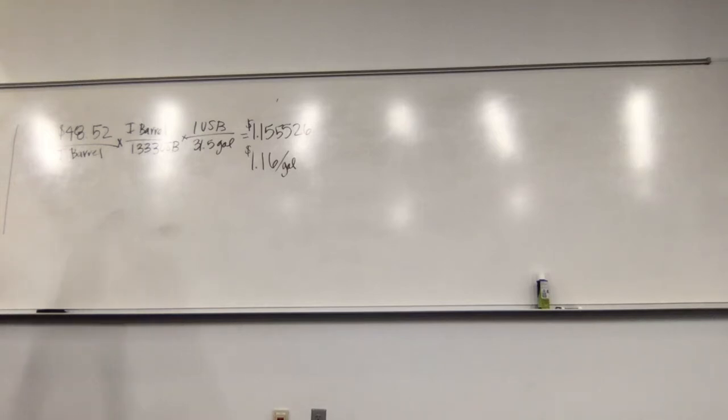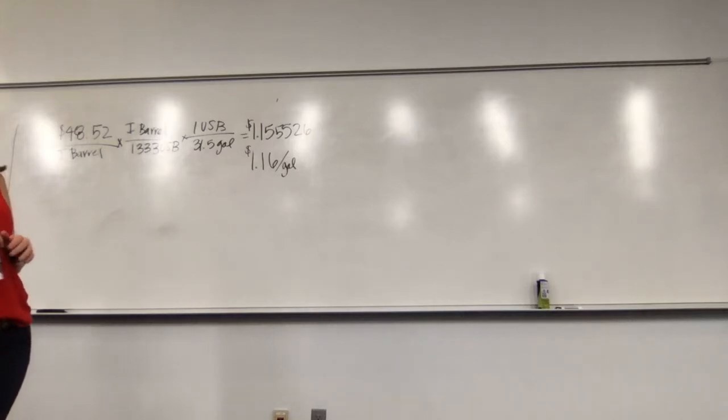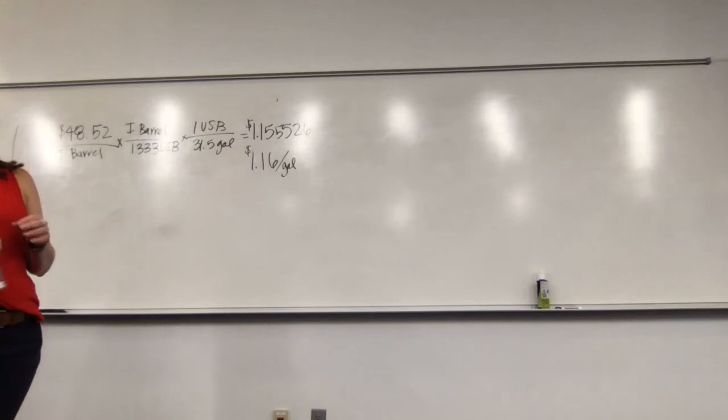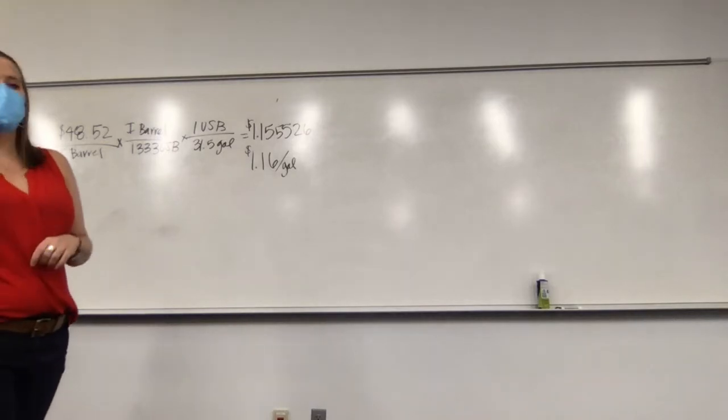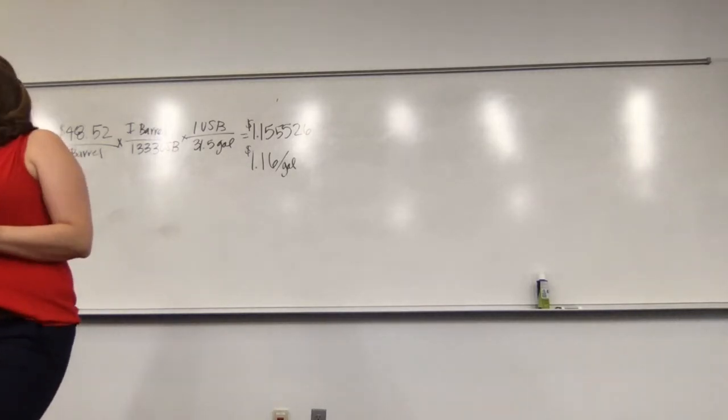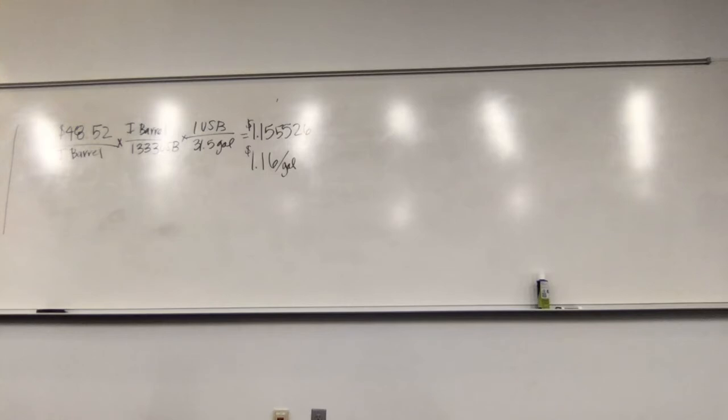How many tablespoons of honey does this recipe call for if the density of honey is 1.42 grams per mL, and 1 tablespoon equals 14.78 mL? If you do not have a calculator, I would suggest busting it out.